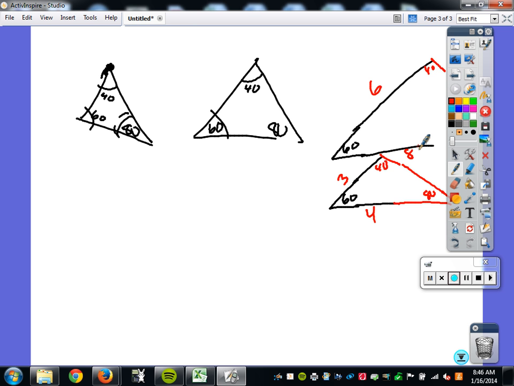So if you have two triangles and two of their angles are the same, which we call angle-angle similarity, those triangles have to be similar. Because if you have all three of the same angles in a triangle, the sides automatically have to be proportional. That's what I'm trying to get at here.